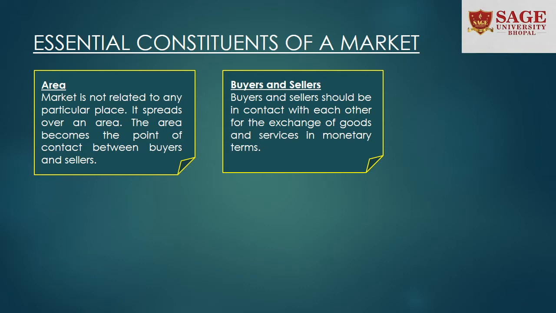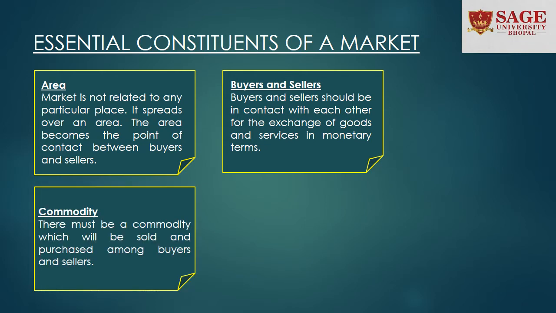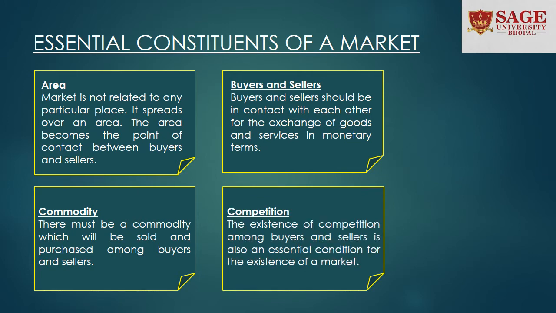However, contact does not necessarily mean physical contact. Commodity. There must be a commodity which will be sold and purchased among buyers and sellers. Competition. The existence of competition among buyers and sellers is also an essential condition for the existence of a market.